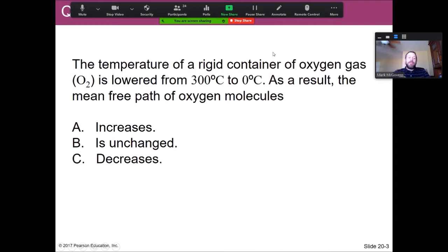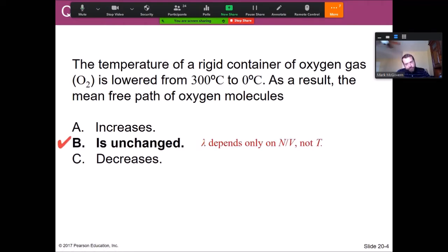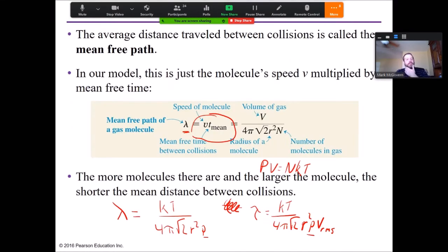All right, the temperature. The temperature of a rigid container of oxygen gas, O2, is lowered from 300 Celsius to 0 Celsius. As a result, the mean free path of oxygen molecules will do what? What will happen? It's B. Why?